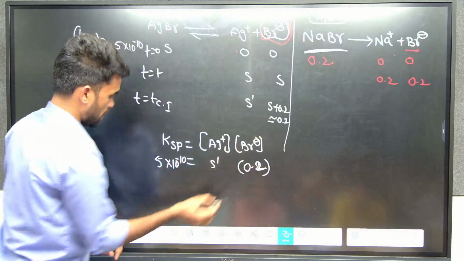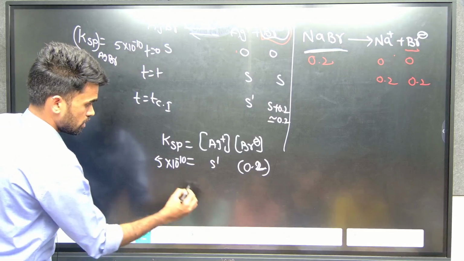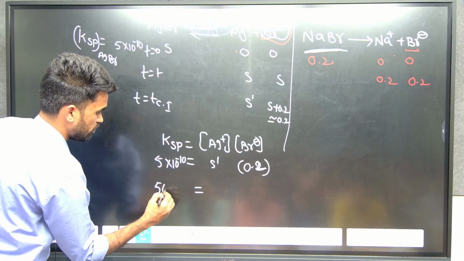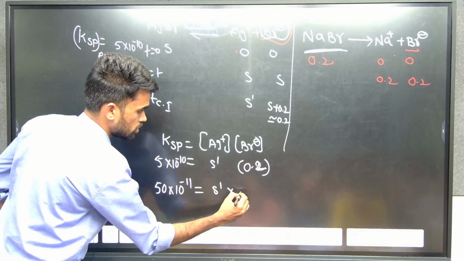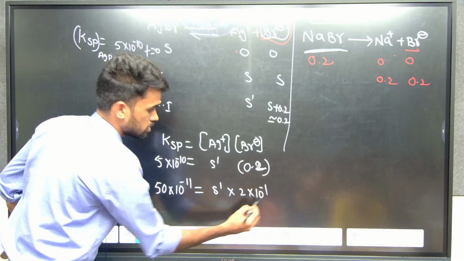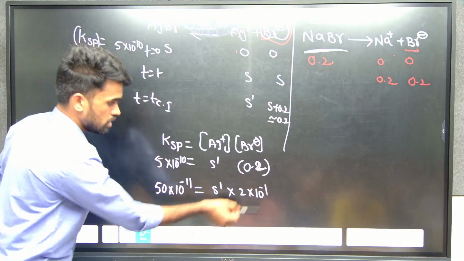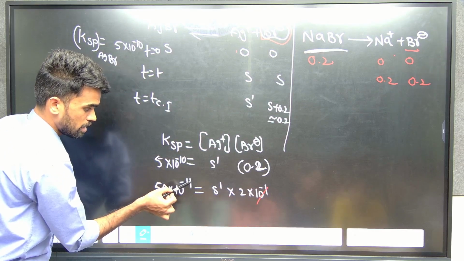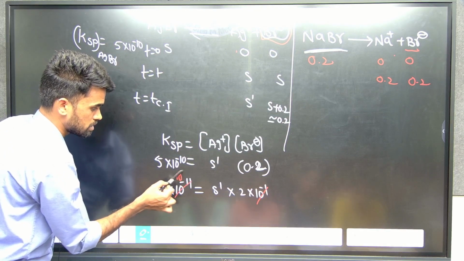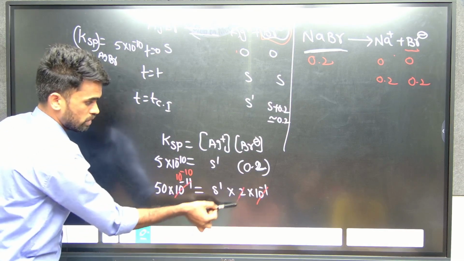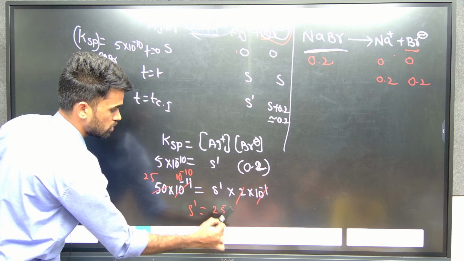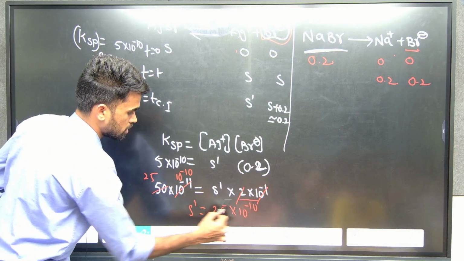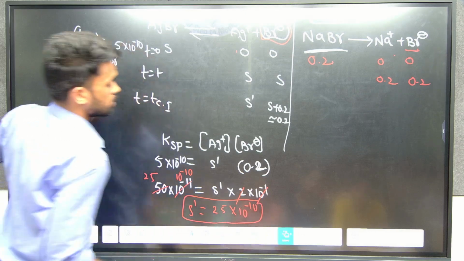Yeah, so now what I can write here: I am writing 50 into 10 power minus 11 equals S dash into 2 into 10 power minus 1. Can I write like this? Minus 1, here since minus 11 is there, I can write 10 power minus 10. So 2 ones are, so S dash will be now how much? 25 into 10 power minus 10. So this is your final answer.